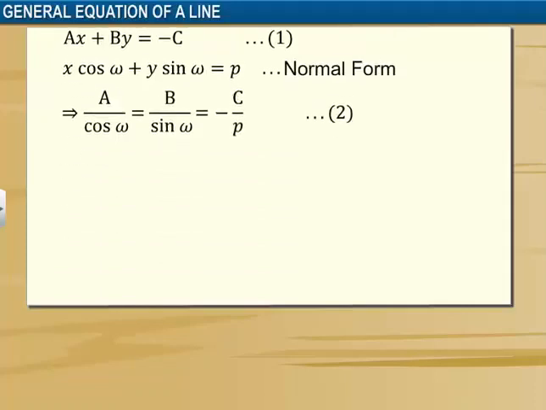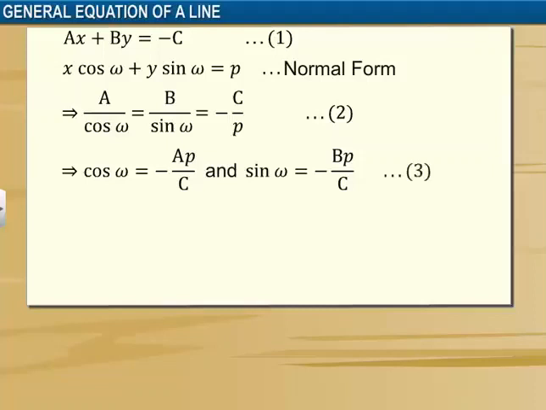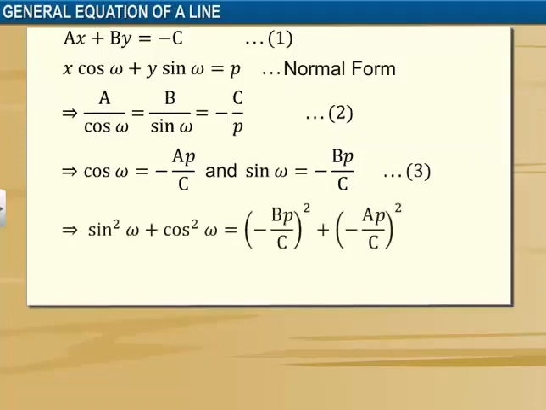From equation 2, we get cos omega is equal to minus ap upon c, and sin omega is equal to minus bp upon c. Let's denote these two equations as equation 3. Substitute these values of sin omega and cos omega in the identity sin square omega plus cos square omega equal to 1.